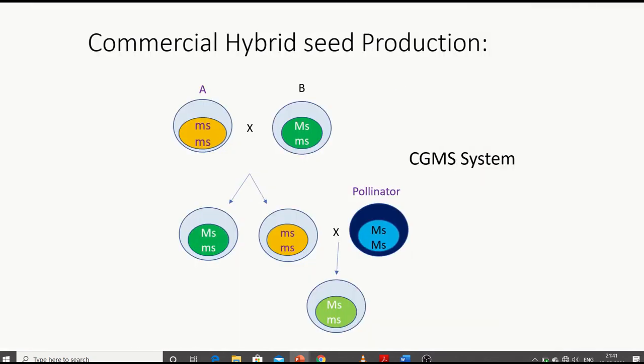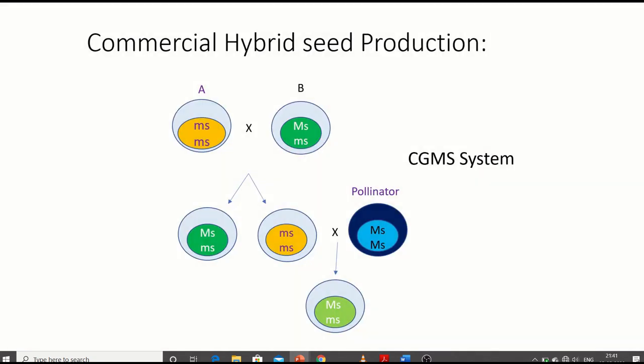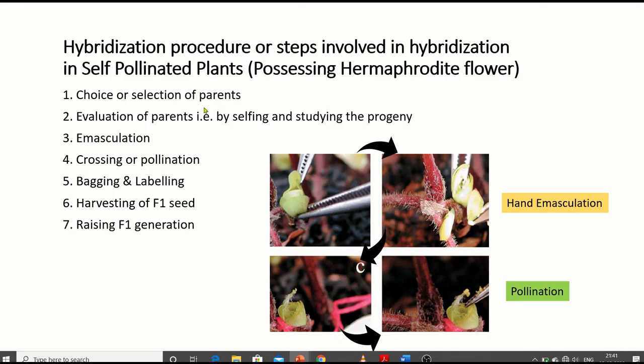When there is another mechanism for hybrid seed production, say for example in those crop plants where male sterility is present, we usually go for hybrid seed production using male sterility, because it is much easier, and because the emasculation step is avoided, which is a tedious process and requires skills. So the cost of production of seed is quite high if it involves huge skilled labor.